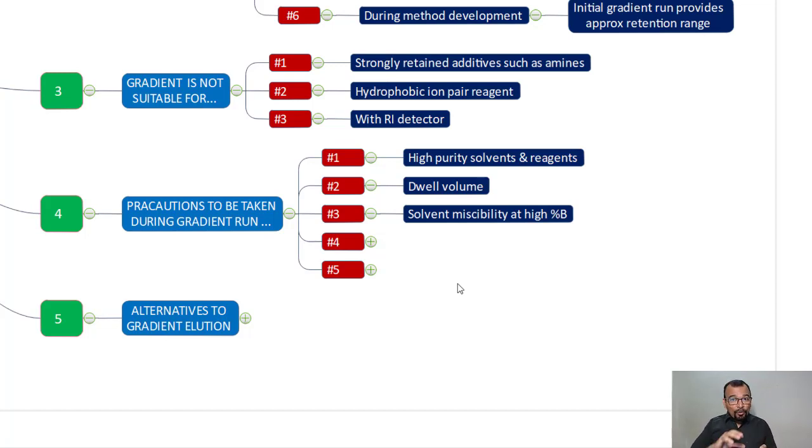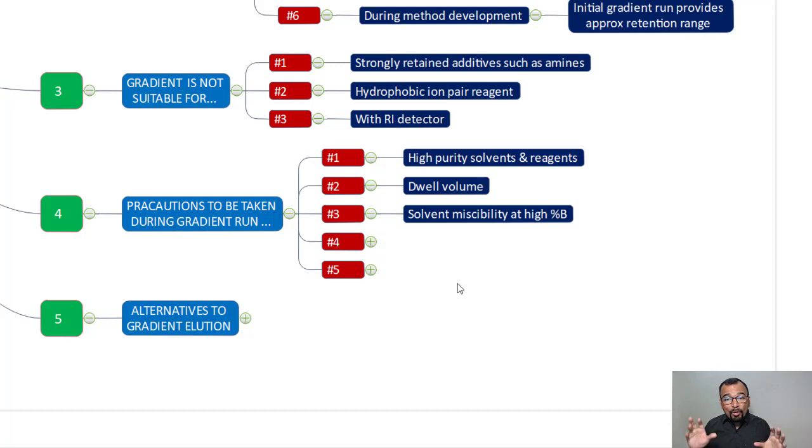But as you progress towards the higher proportion of B, the higher organic content is coming into the mobile phase. The aqueous portion is getting reduced, and you never know what is happening at that proportion of the organic content. Does your solute remain solubilized, or does it precipitate out of the mobile phase?